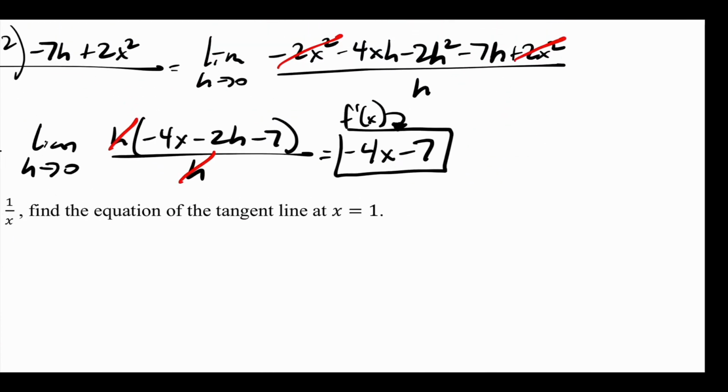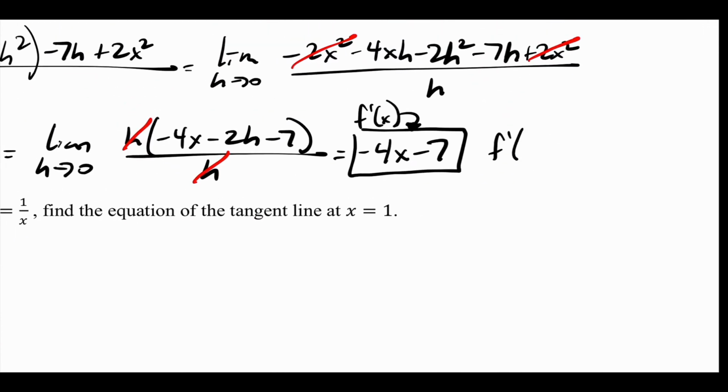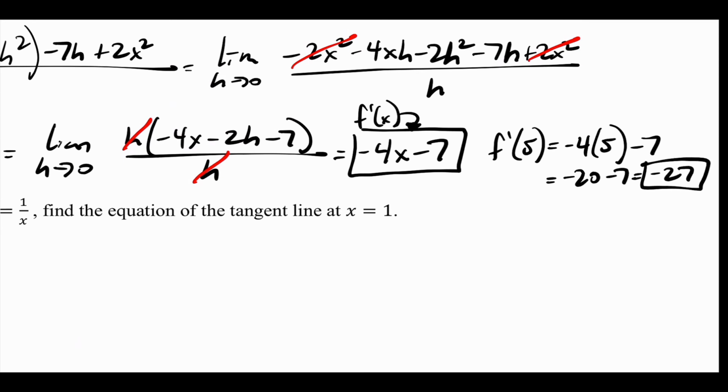What do you get? That's my answer there: -27. So it's got a slope of -27.